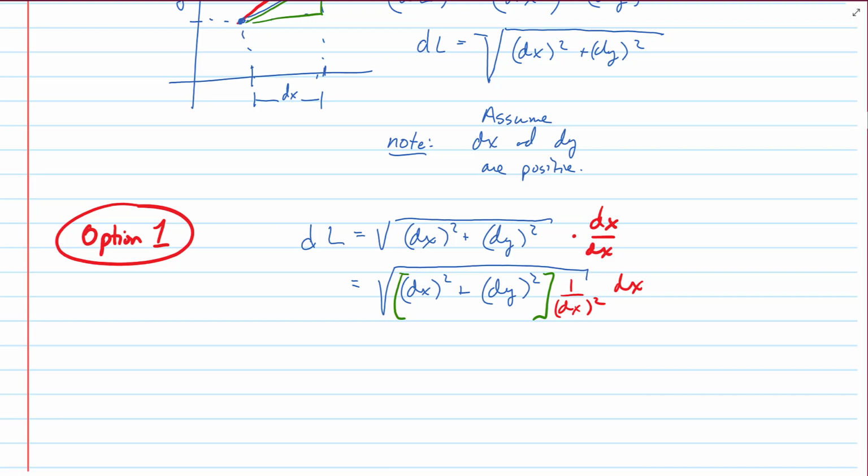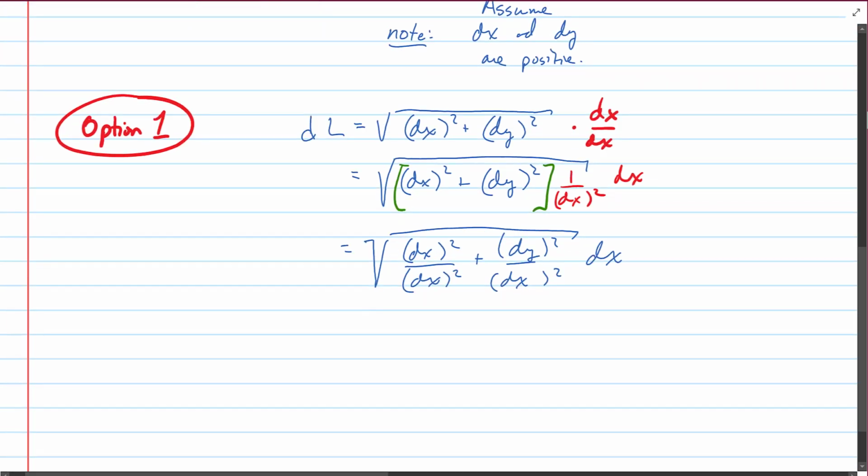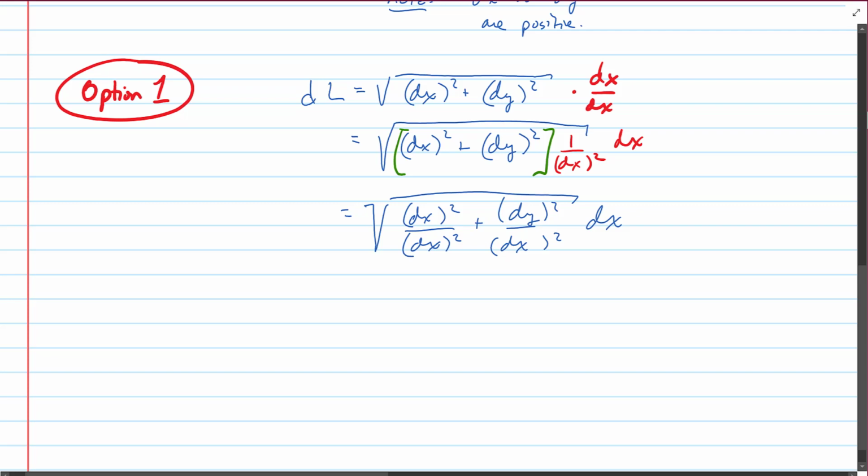If I distribute that to both terms in the square root, I would have (dx)² over (dx)² plus (dy)² over (dx)², and then the remaining dx sitting on the outside here. Well, we can see that I could replace this expression formally with just 1, and here we have (dy/dx)². So I'm going to rewrite this as the square root of 1 plus (dy/dx)² times dx.